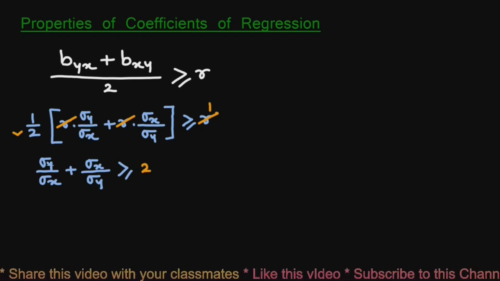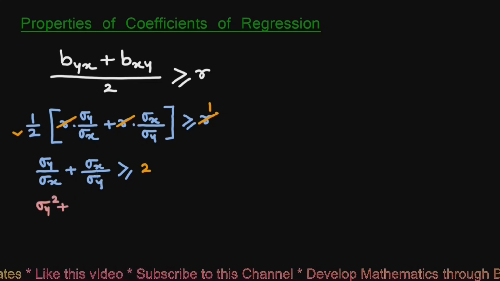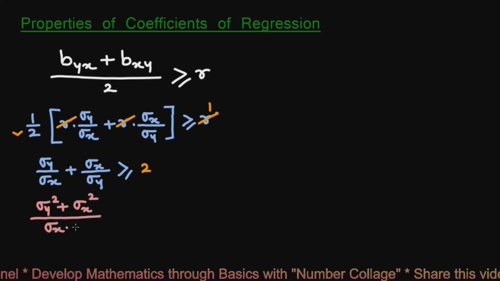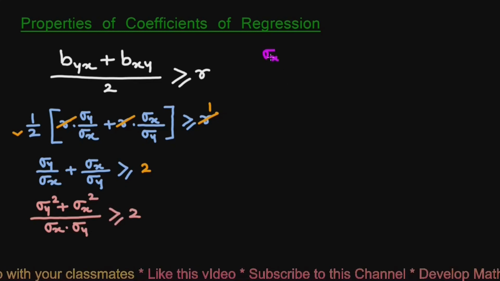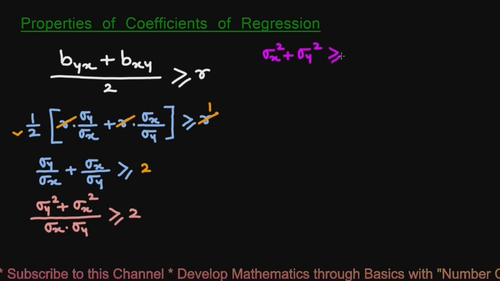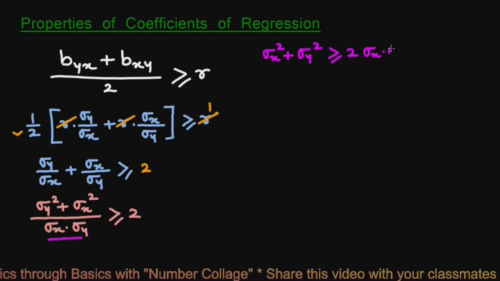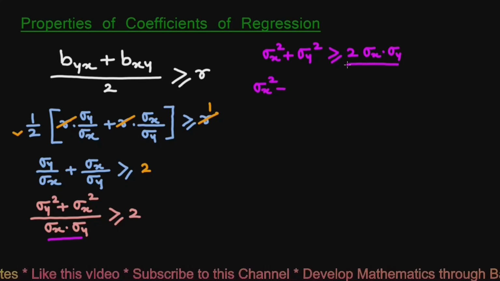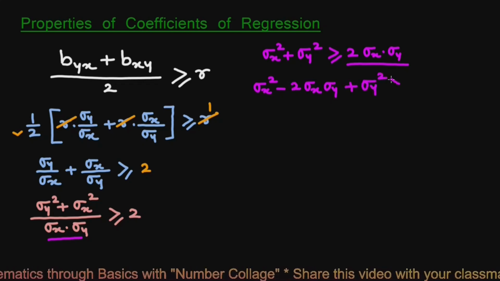Further, this will be sigma y square plus sigma x square upon sigma x into sigma y greater than or equal to 2. This further will be sigma x square plus sigma y square greater than or equal to 2 times sigma x into sigma y. This further will be sigma x square minus 2 sigma x sigma y plus sigma y square greater than or equal to 0.